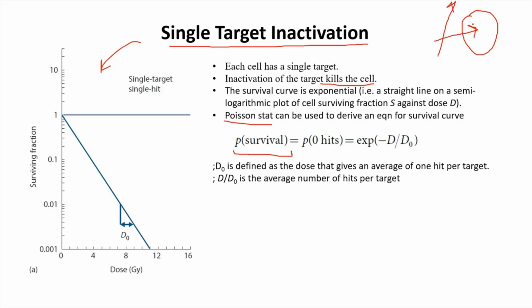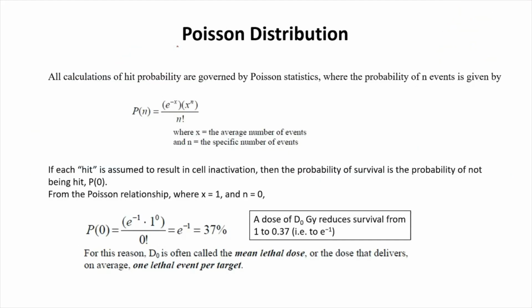So for survival there must be zero hits on the sensitive region, and that equals exponential of minus D by D naught. What is D naught? D naught is the dose that gives an average of one hit per target, and the ratio D by D naught is the average number of hits per target.